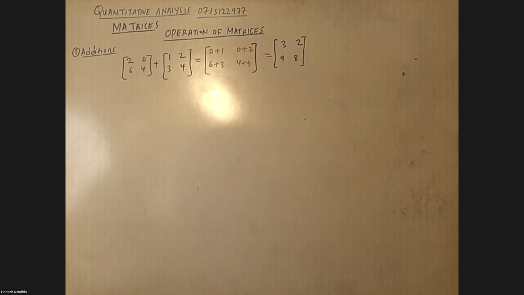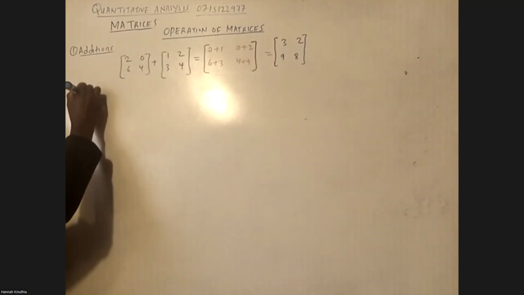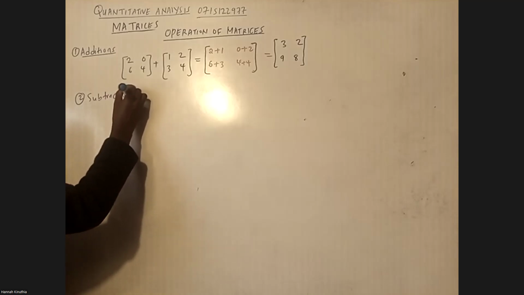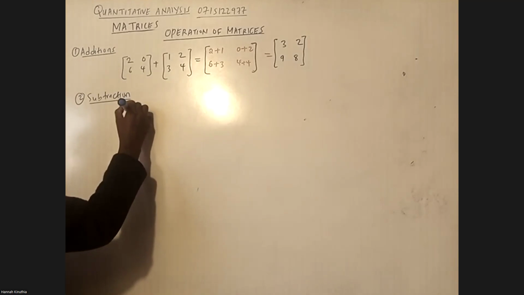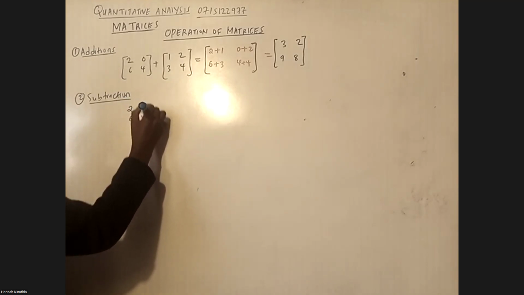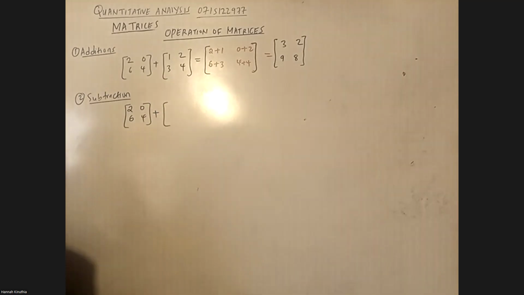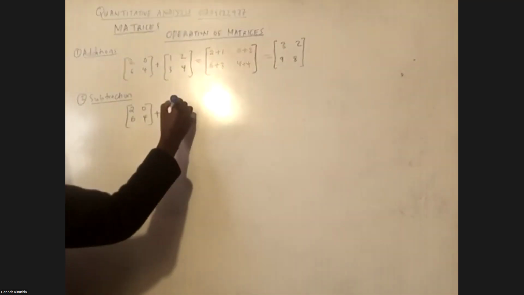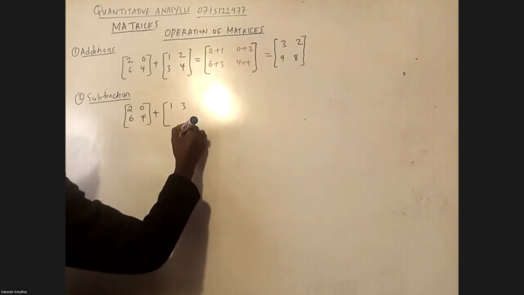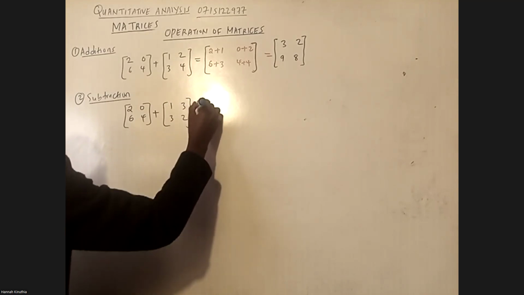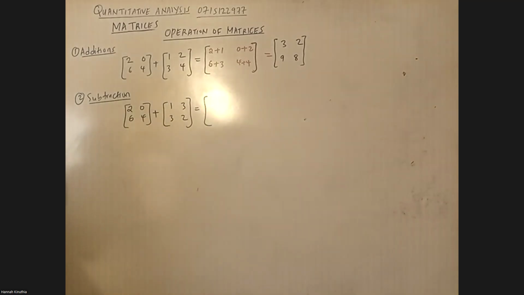Number 2, subtraction. For example, 2, 0, 6, 4 minus 1, 3, 3, 2. So how do we do that one?